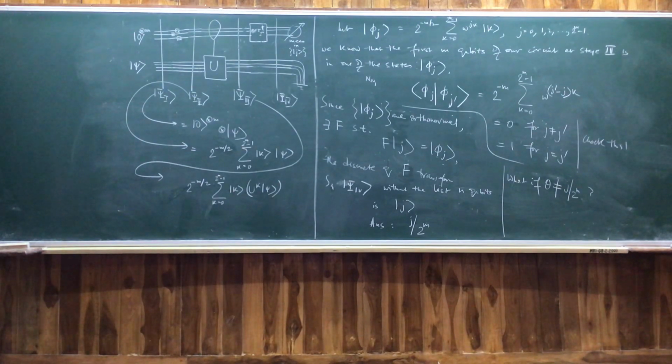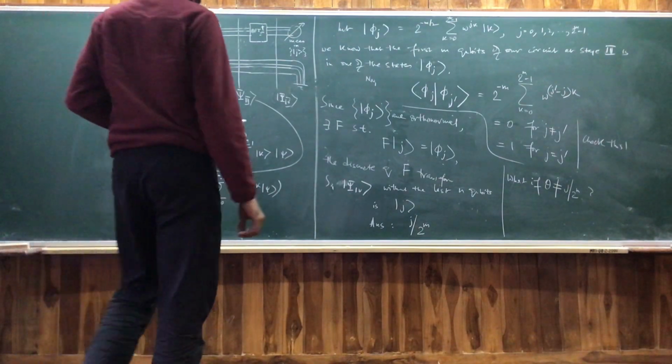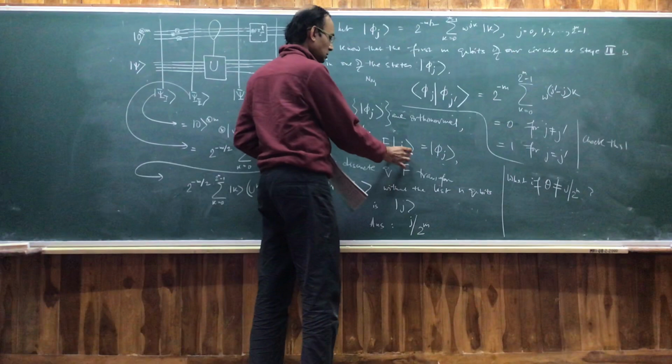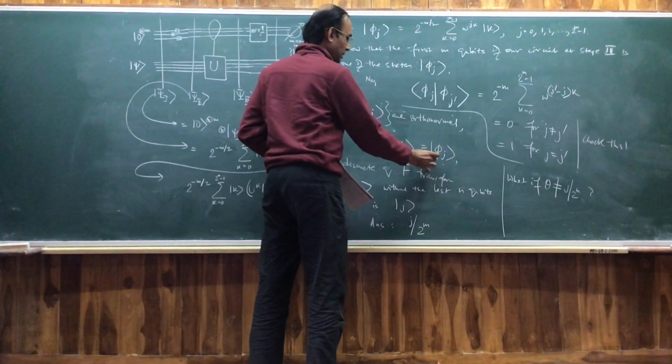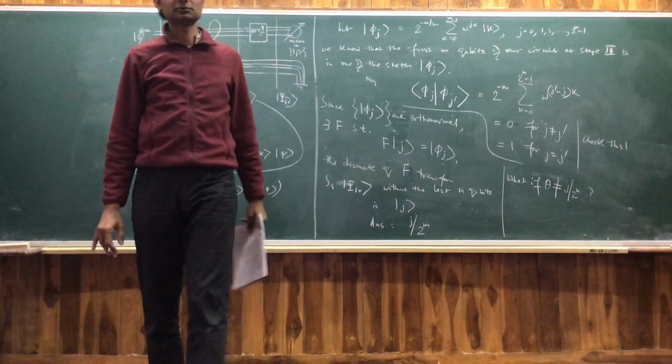Question? Yeah, what is the form of F? Pardon? What is the form of F? I mean, how can I write F as an expression? Well, just take the inner products of phi j with the j's, you will have lots of omegas, a huge matrix.